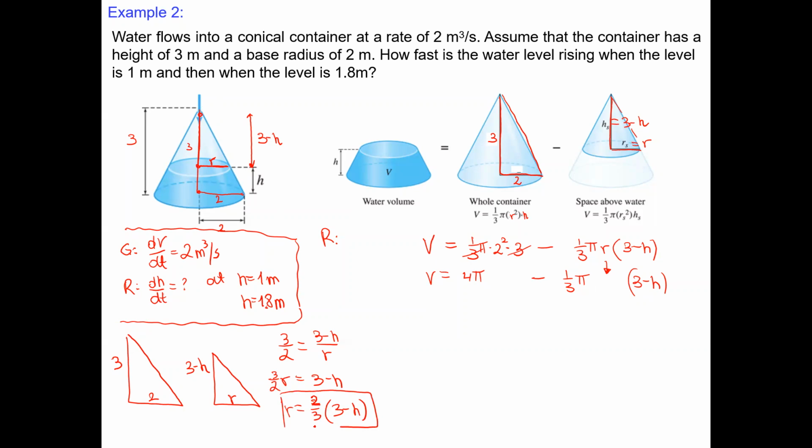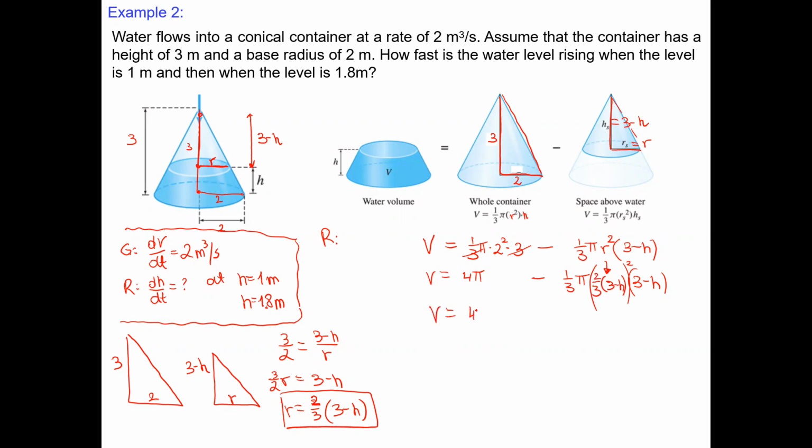Okay, this is the relation that will travel here. 2/3. Oh, this is supposed to be squared. 3 minus h and everything squared. Okay, because it's r squared, the area of the circle. Right? 1/3 pi r squared. That means this is the relation for r with respect to h.